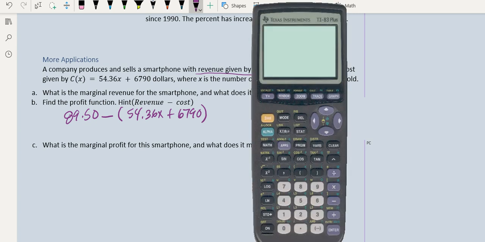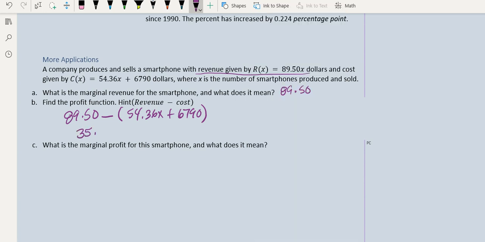So if I do that, let me get my calculator. 89.50 minus 54.36 is 35.14, right? 35.14x minus 67.90, right?